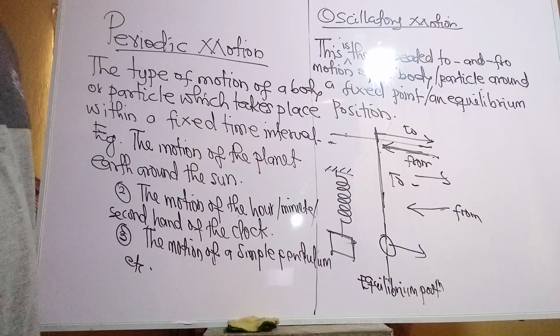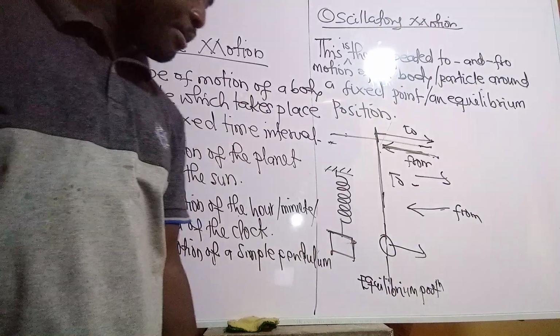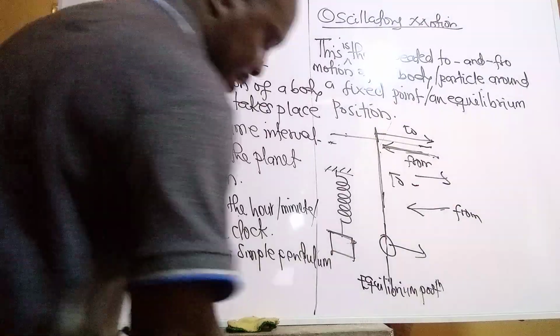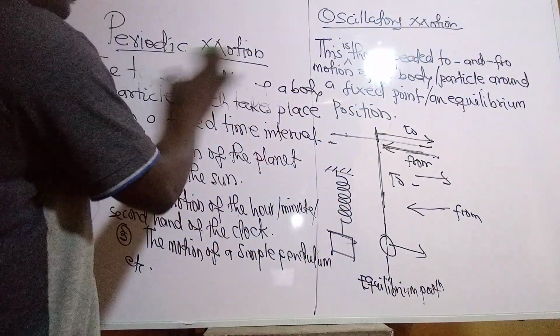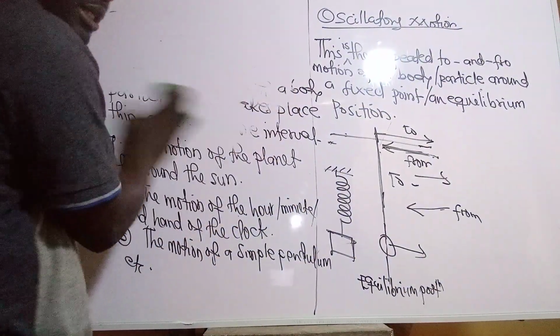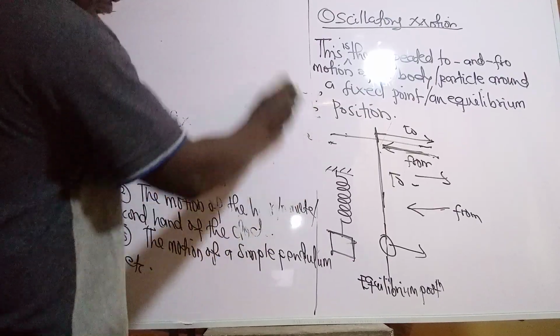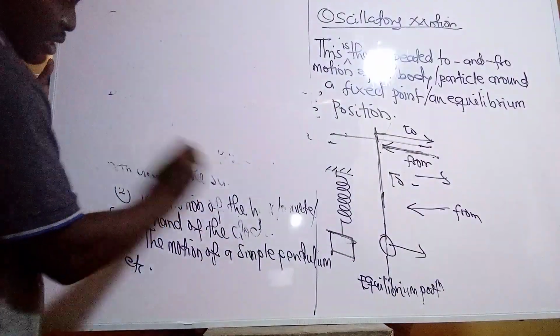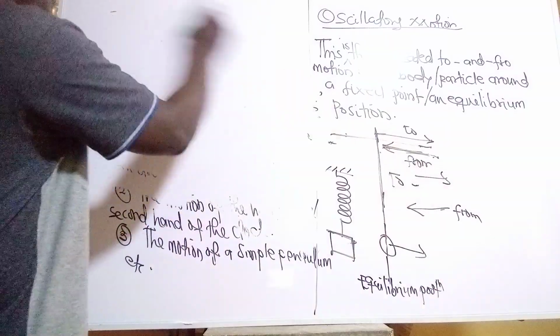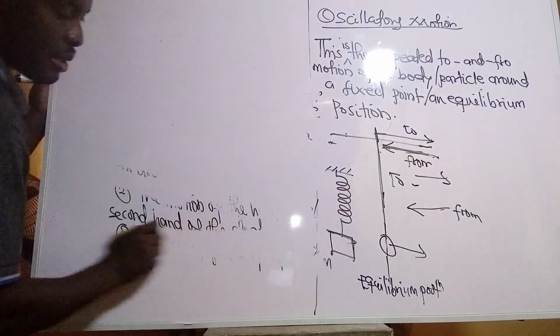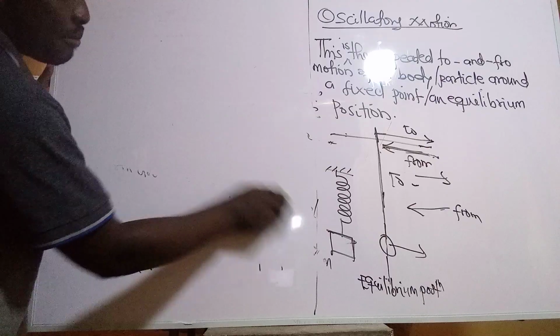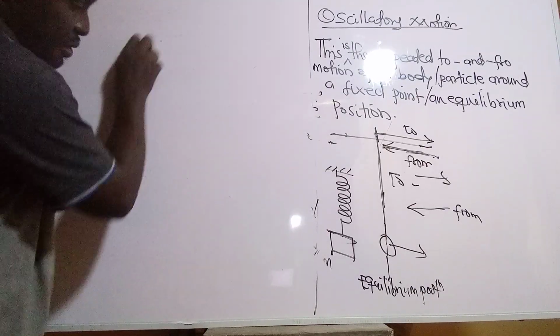All right. Okay, so let's look at some examples of oscillatory motion, which is also periodic. The mother concept is periodic motion. So examples of oscillatory motion.